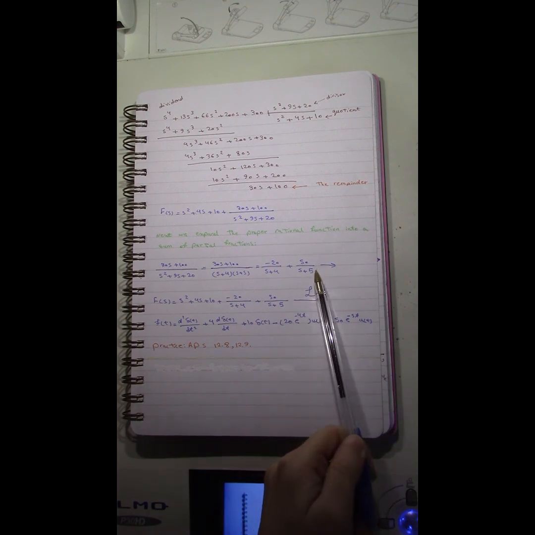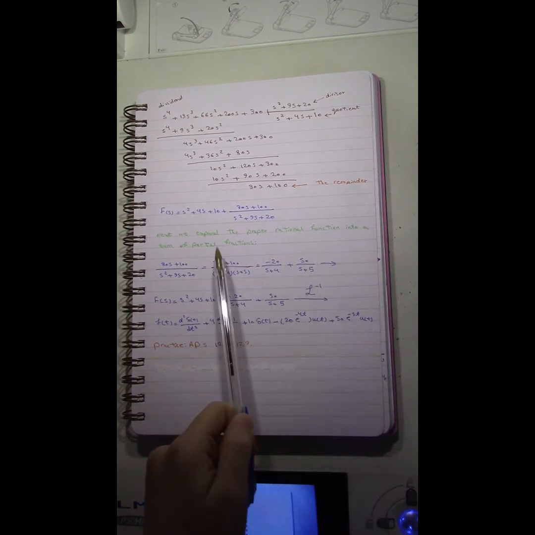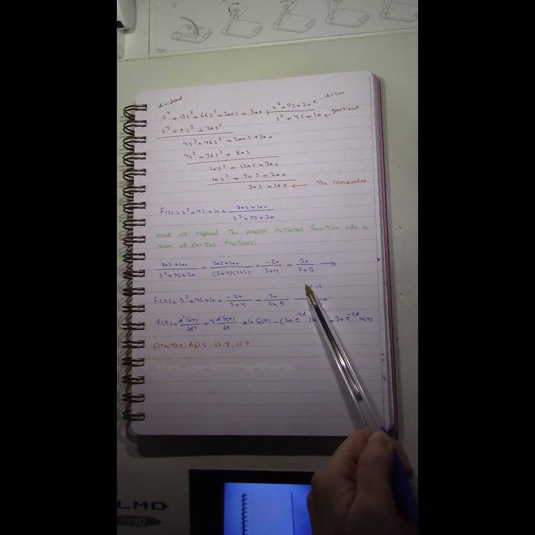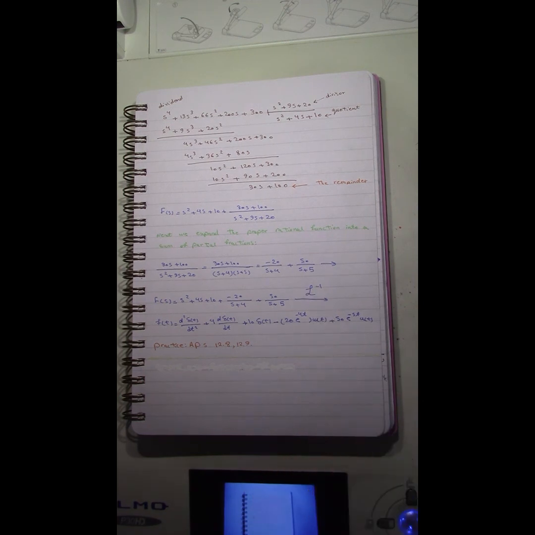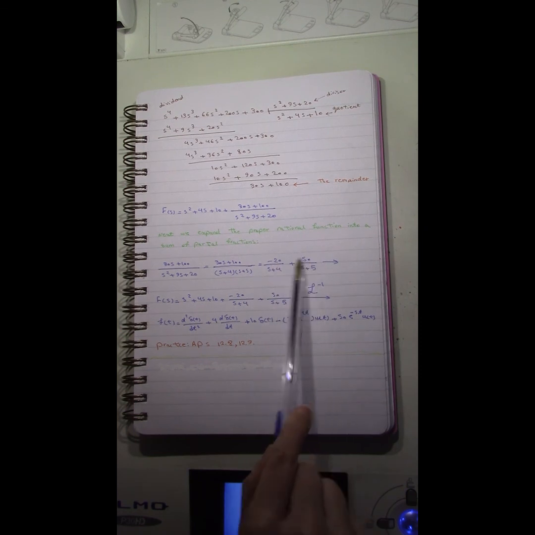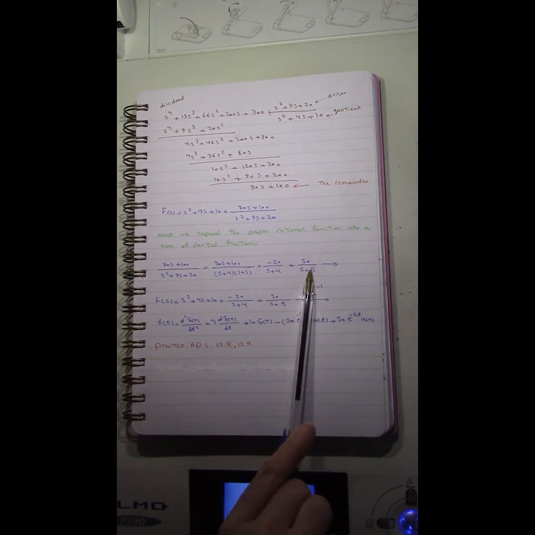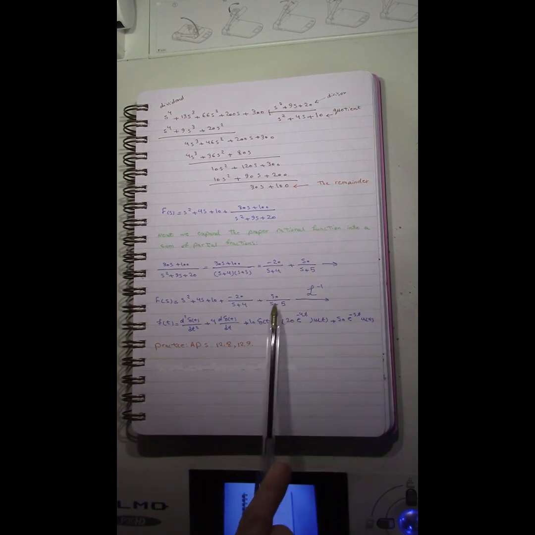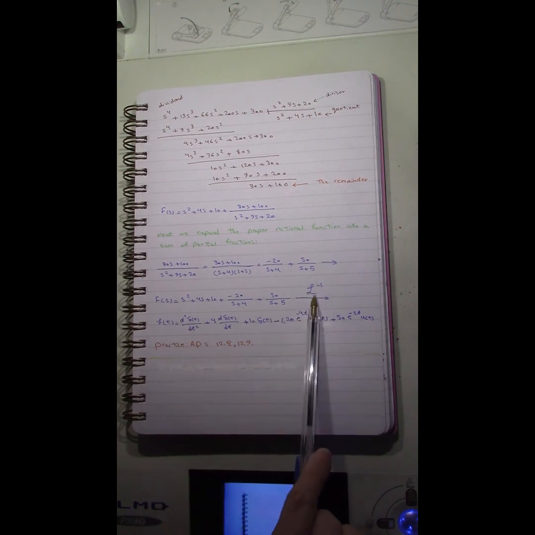For k2, multiply both sides by s plus 5 and evaluate it at minus 5. If you do that, you can do it at home. Check my answers. k1 will be minus 20 and k2 is 50. So now get the inverse transform.